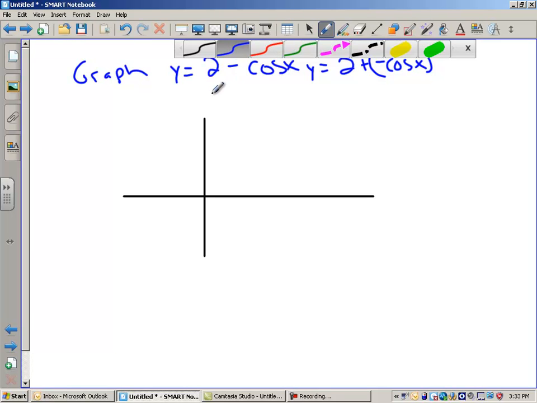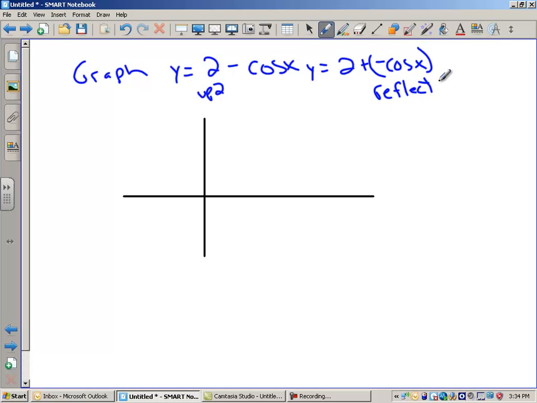This is a vertical shift. This means up 2. Now what does a negative do? A negative to a graph reflects it across its sinusoidal axis. So I'll show you what that means here.